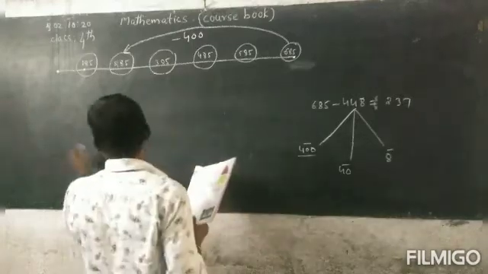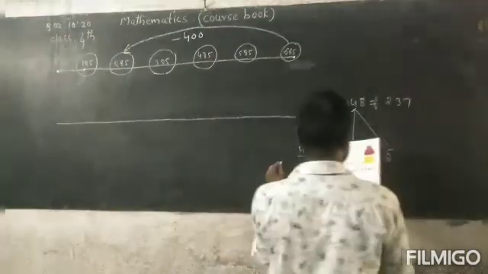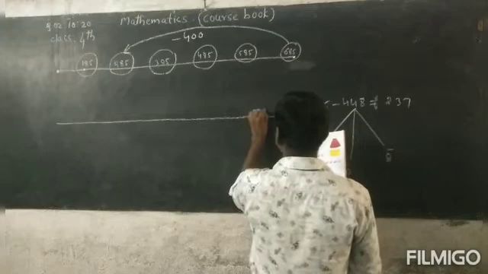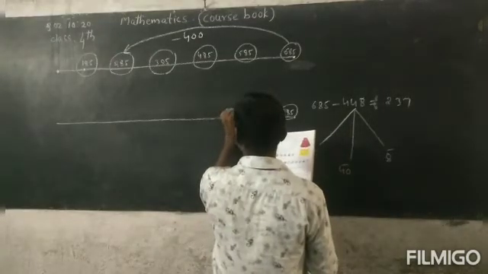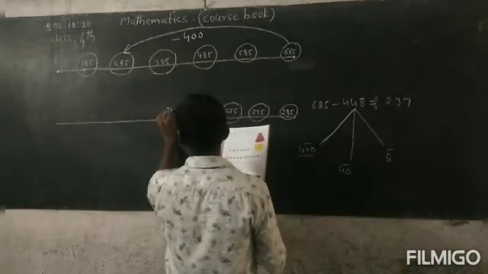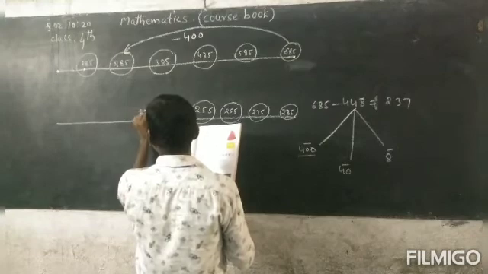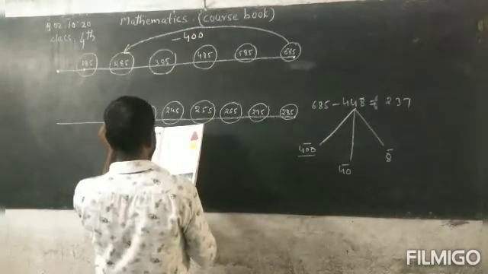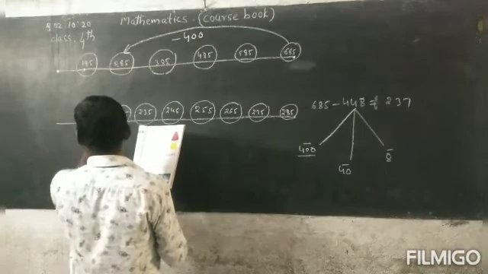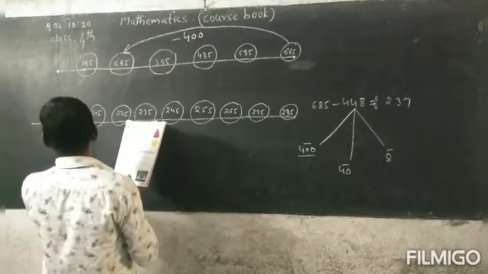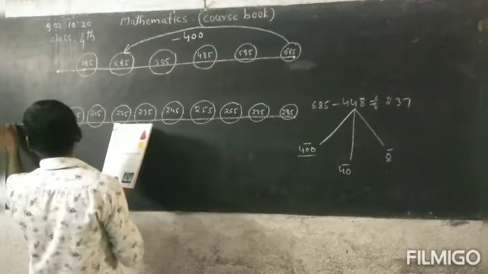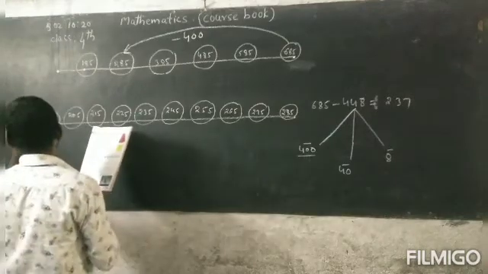So you can write here 285, 275, tens places, 265, 255, 245, 235, 225, 215, next 205, next 195, next 185, like that only.